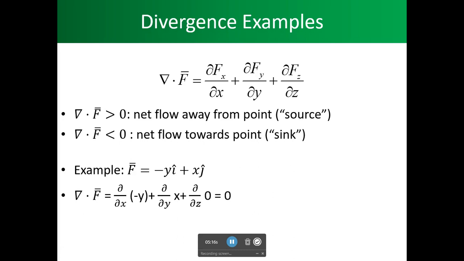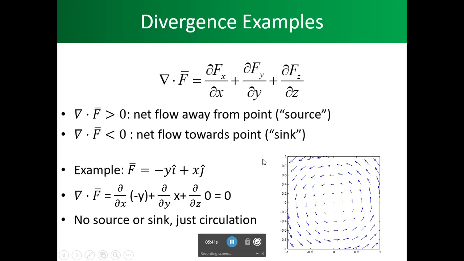So you see here, if we take the partial of this with respect to x, it is 0, take this with respect to y, it is 0, so everything is 0. So no source or sink. Okay, so then if there's no source and no sink, what is actually happening to it? Let's see. Aha, it's a circulation.